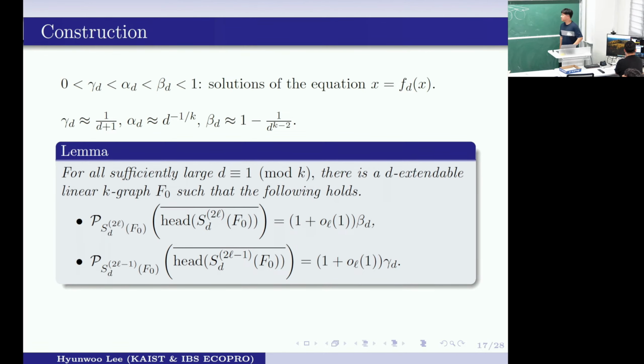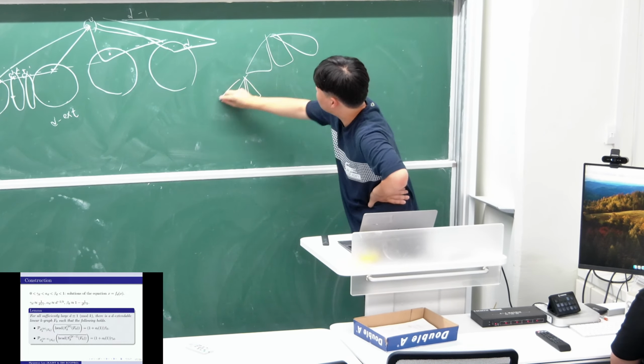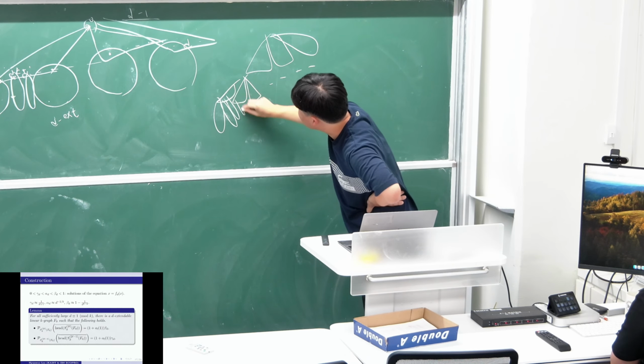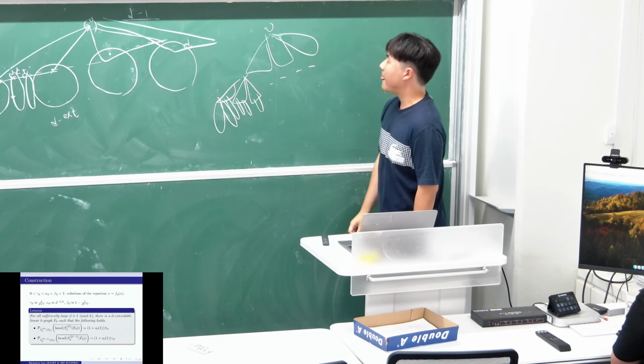In some sense, this structure is hypertree-like, so basically it looks like this, and these are D linear hypertrees here. So this is the head.